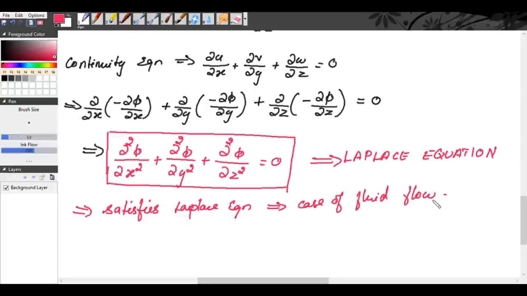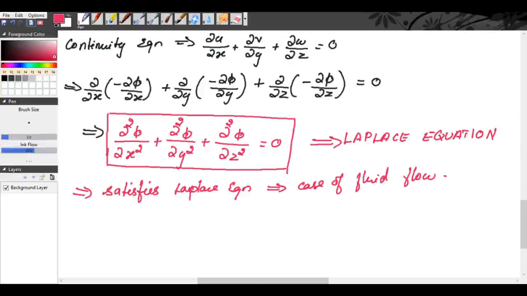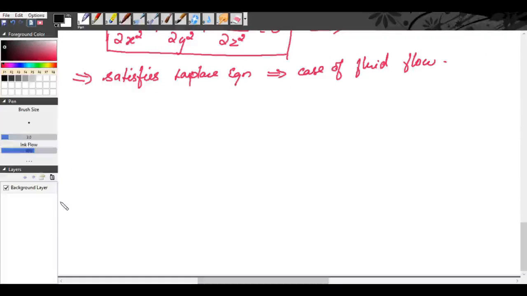Now we will see the properties of the potential function in terms of the rotational components. We have to substitute this pi in the rotational components. While studying the types of fluid flow, we saw what the rotational components are. So our next concept is properties of potential function.